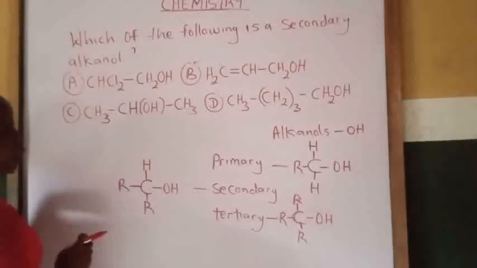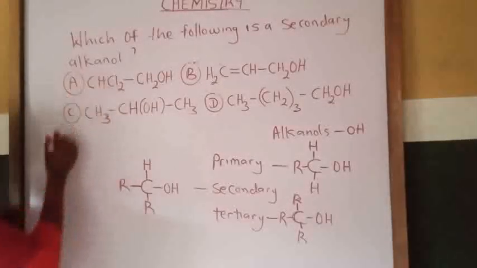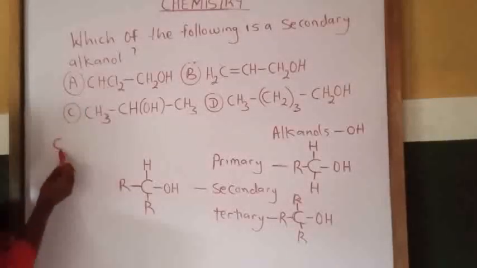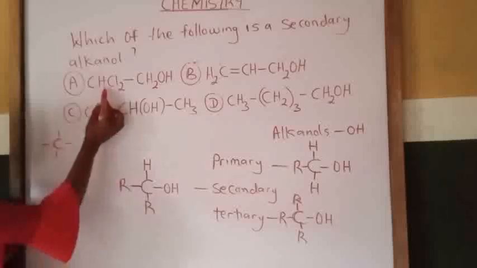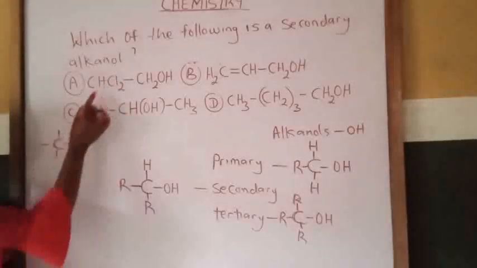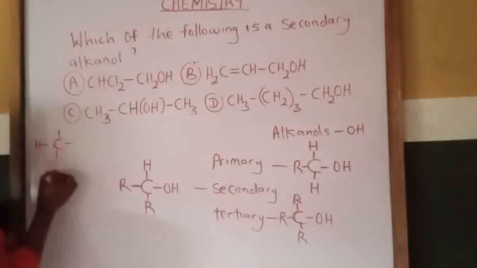So let's start with their structure. I'm going to use structure to explain. The first carbon atom: we should not forget that in organic chemistry, each carbon atom must be surrounded with 4 chemical bonds. So let me surround it with 4 chemical bonds. Hydrogen and Cl2 attached to this carbon atom: hydrogen first, followed by 2 chlorine atoms.